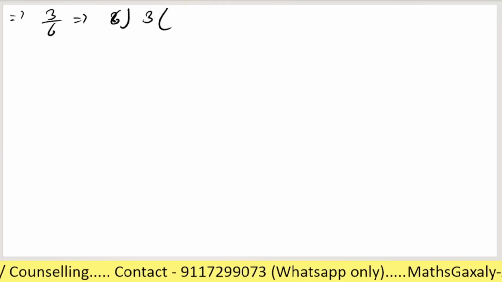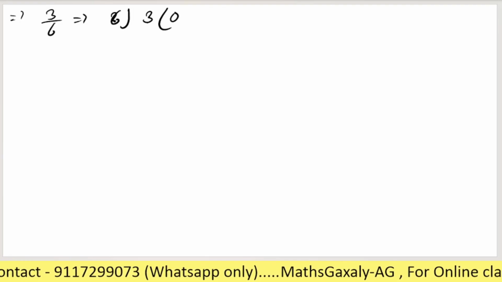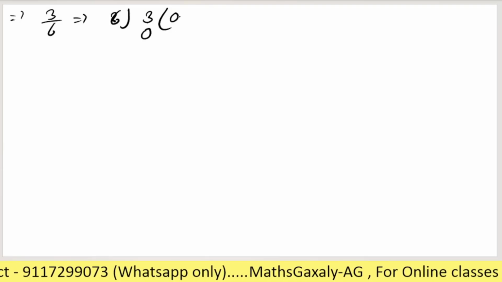When you divide 3 by 6, we can't divide 3 even one time, because in 6 one time it is 6. So we divide it in 0 times, 6 zeros are 0.